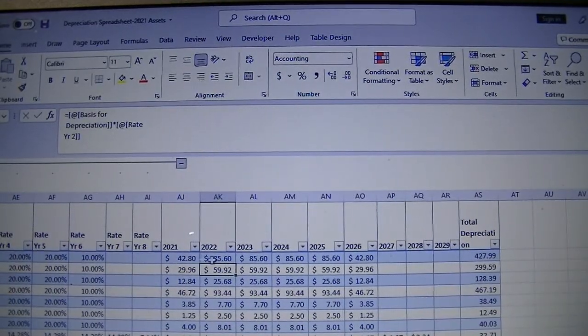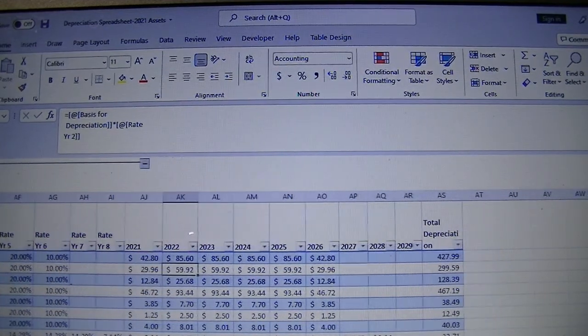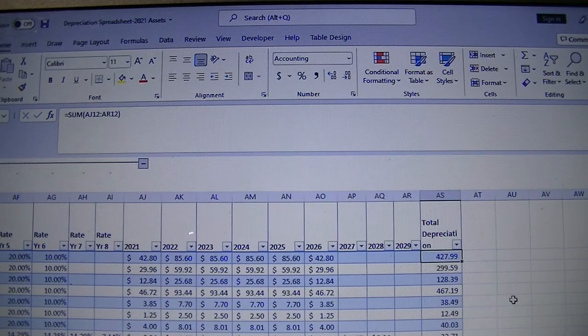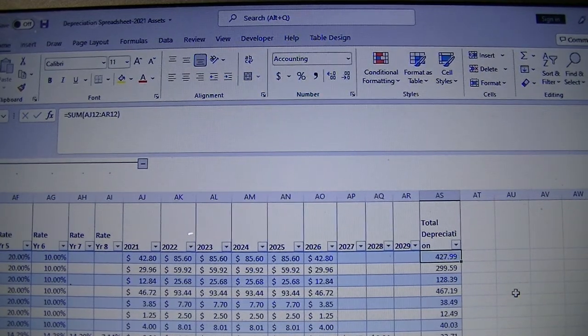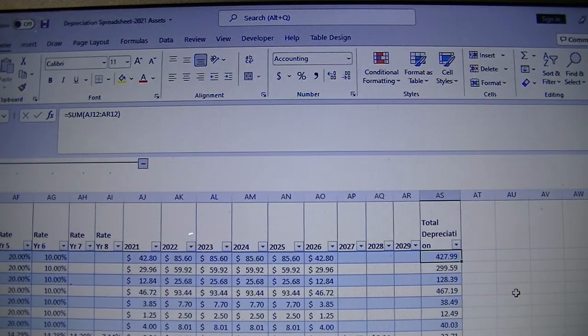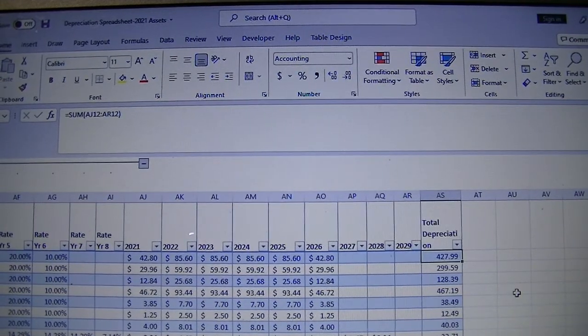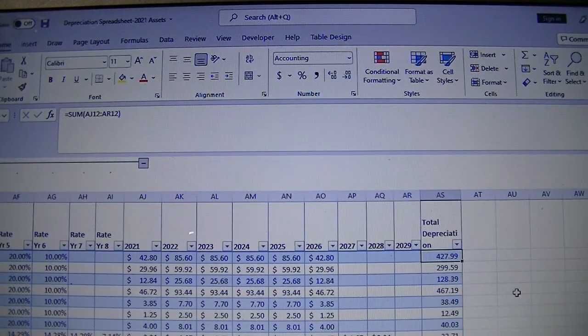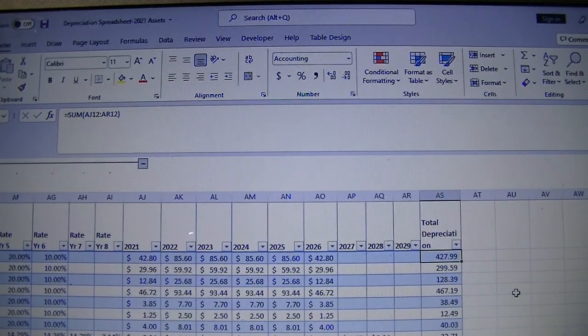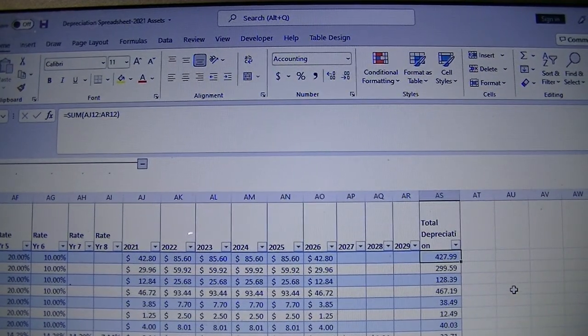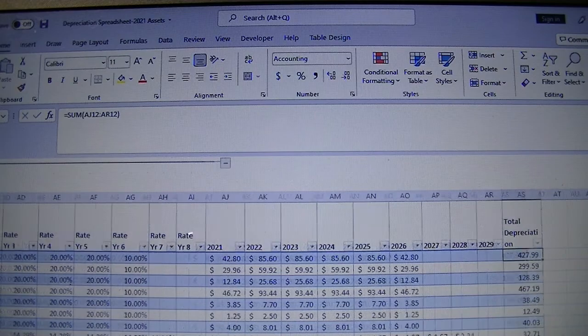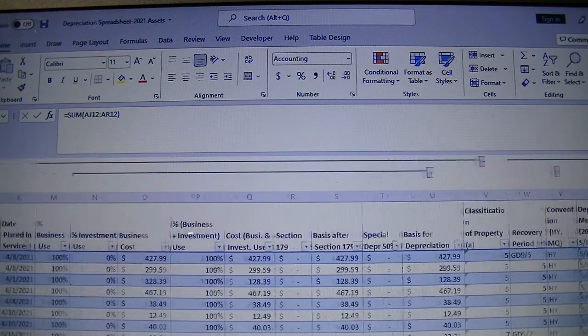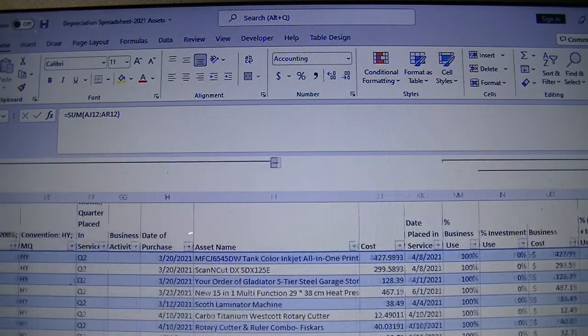And if you do it well, when you total all of them, it should equal the original cost that you started with to calculate the depreciation. If it does not, something is wrong somewhere. You need to verify the rates and the formula in the depreciation deduction. So that is the principle you will use to depreciate your assets.